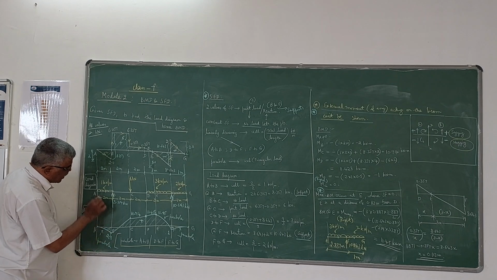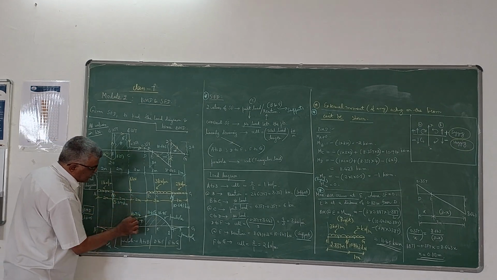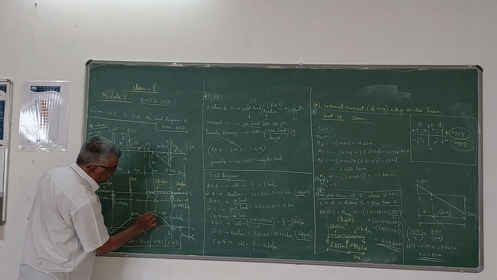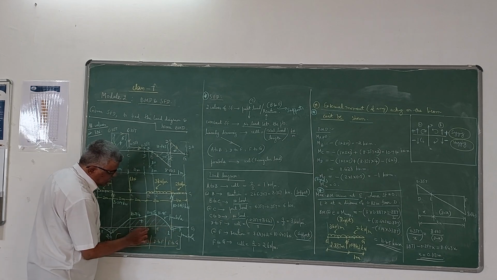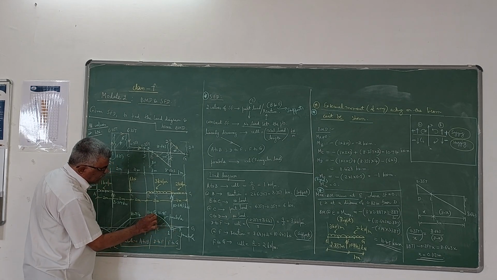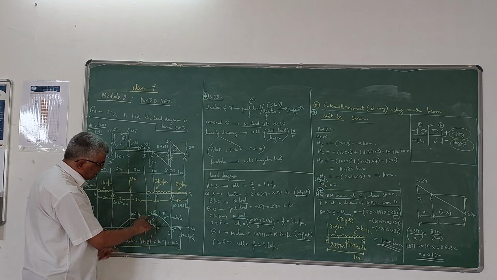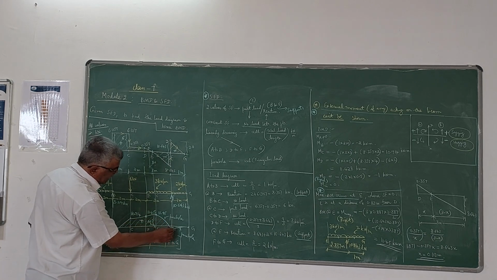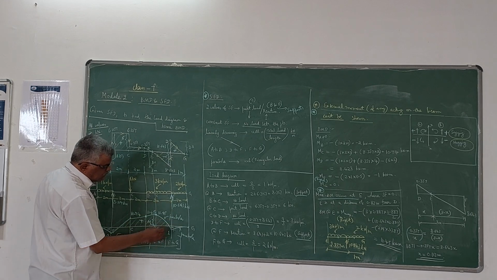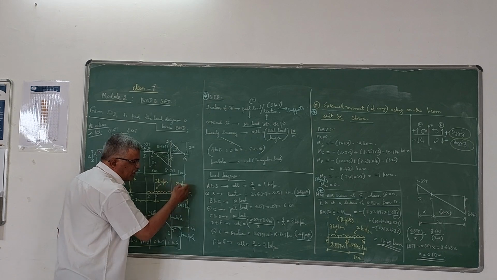From A to B it is a parabola because of UDL, B to C is a straight line, then C to D is a straight line, D to F is a parabola. Please note, in between D and F you have point E. At E you have the maximum bending moment, 11.45. Then it decreases and it is negative at F. Then another parabola from F to G because this is a different UDL.